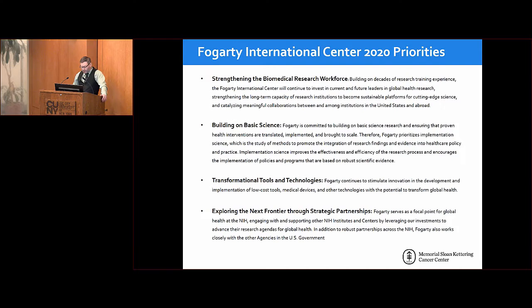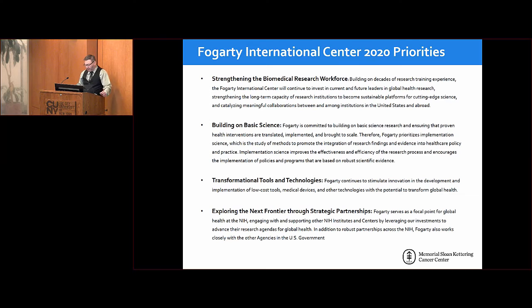And they also are focused on tools and technologies. So does your research do the same? Because then this is one of the priorities that you hit. They're focused on low-cost tools, medical devices, and other technologies with the potential to transform global health.